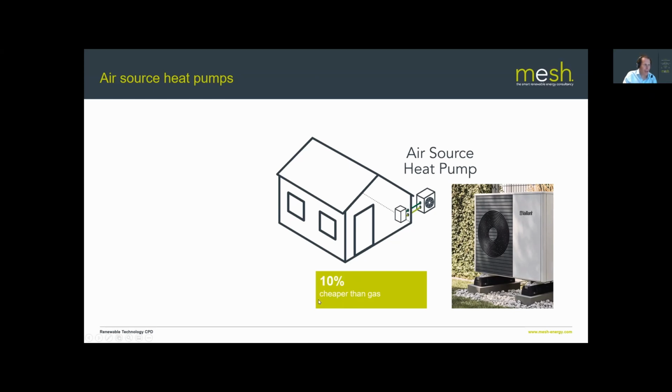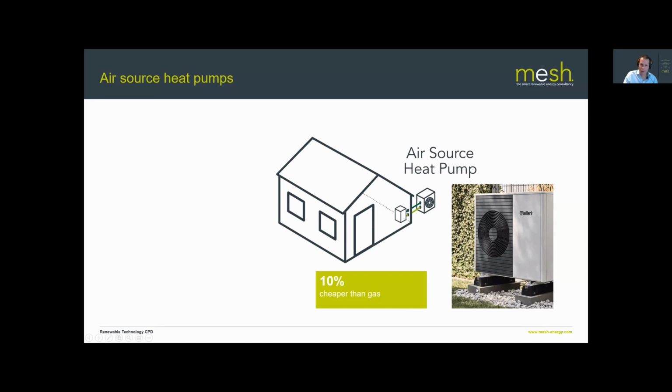Now, at this stage, if you've got a perfectly functioning gas boiler and you're not doing renovations to your house, it is probably not worth ripping out your gas boiler and putting an air source heat pump in, because the costs of all the changeover probably don't make that a good way of spending your money.